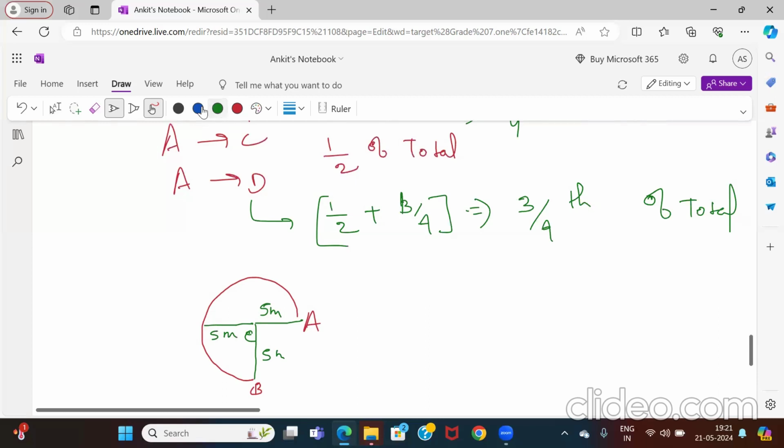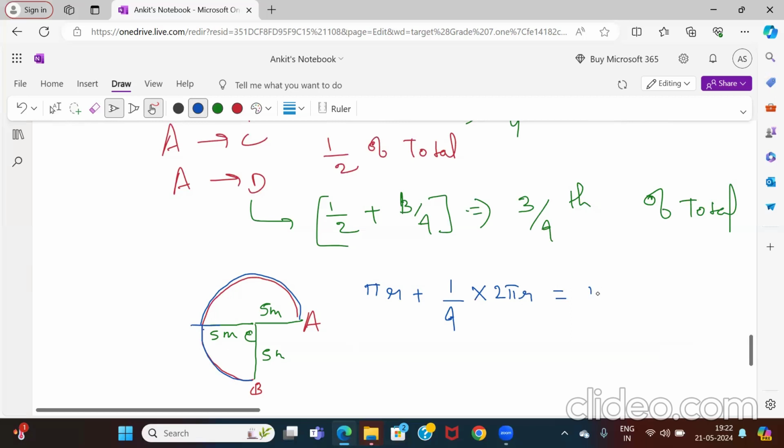Then what is the length of this actual path? This is pi r, pi r into 3 by 4. This is pi r plus, how much is this, from here to here? It is 1 by 4 of total. Total is 2 pi r. Clear?